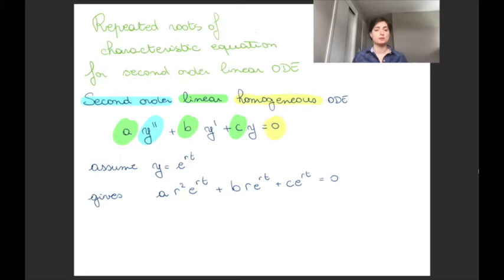There are two things we don't know in this equation. We have a r squared exponential of rt plus b r exponential of rt plus c exponential of rt.